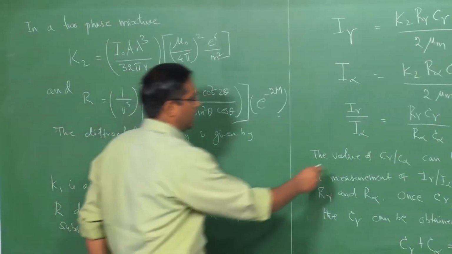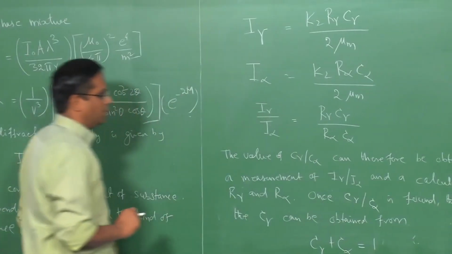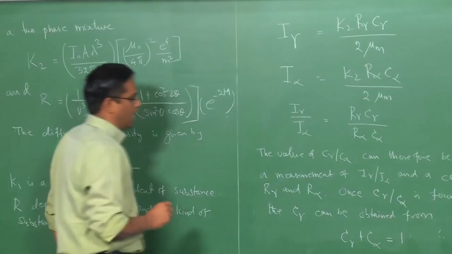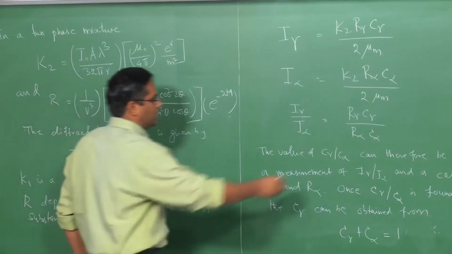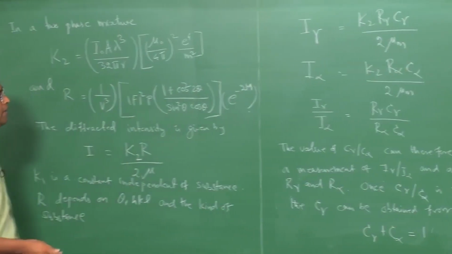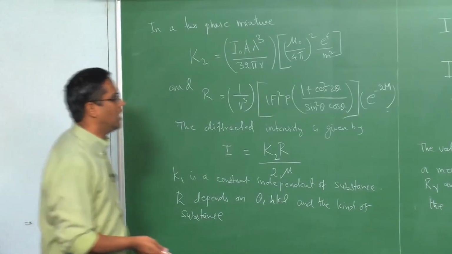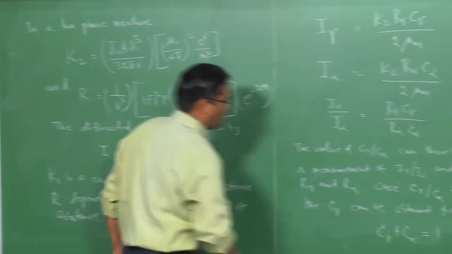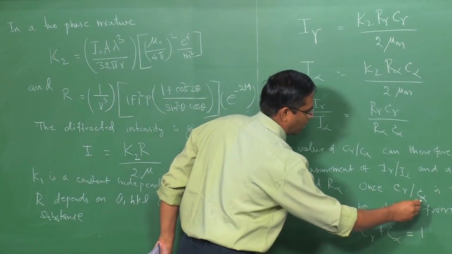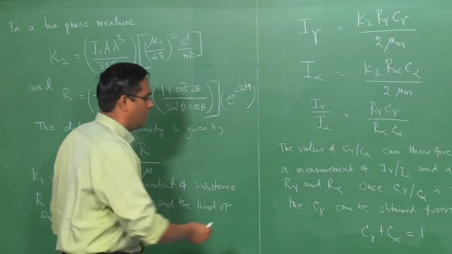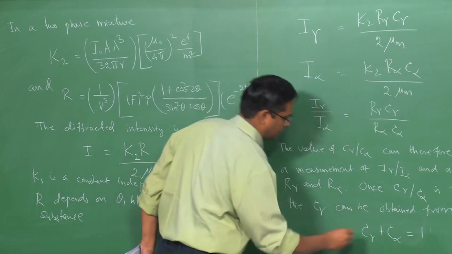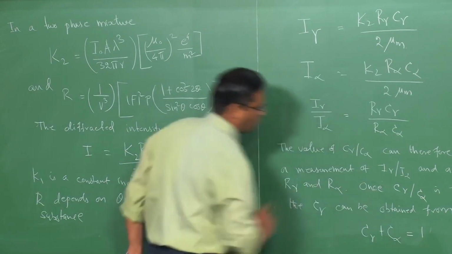Now, C gamma by C alpha can be obtained from the measurement of I gamma by I alpha, and R gamma and R alpha can be calculated from the lattice constants and crystal structures and so on. Once we find the C gamma by C alpha ratio, the value of C gamma can be found out from the relation C gamma plus C alpha is equal to 1.